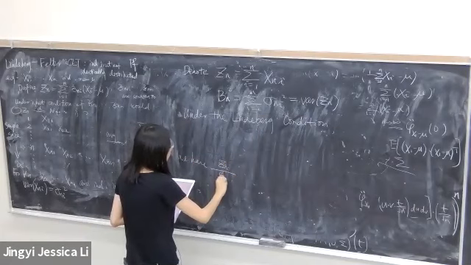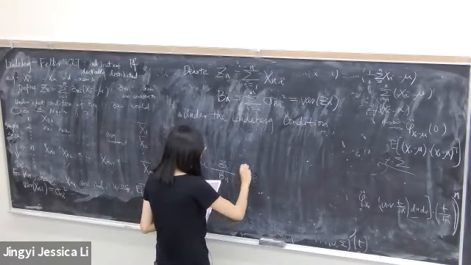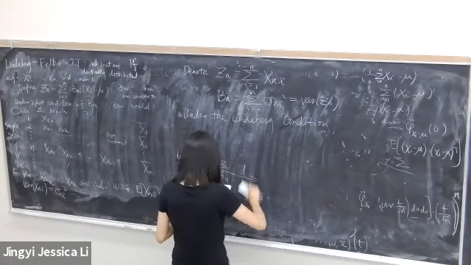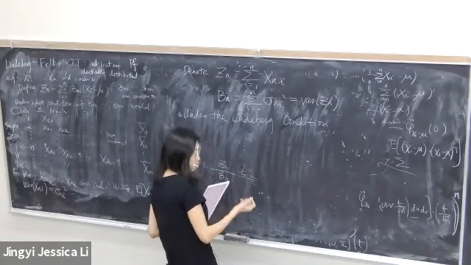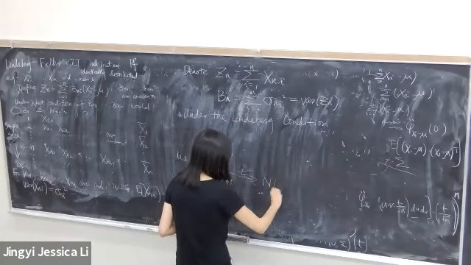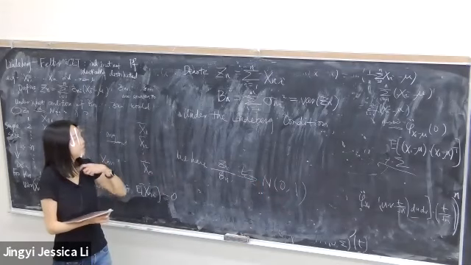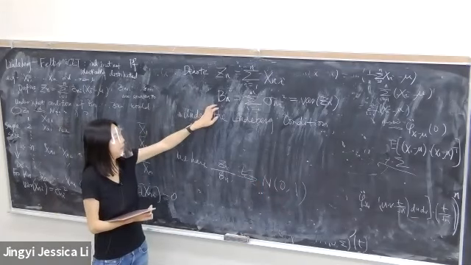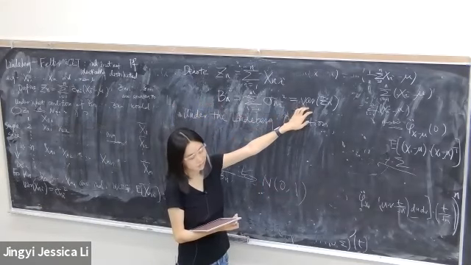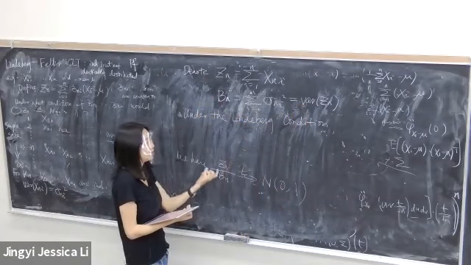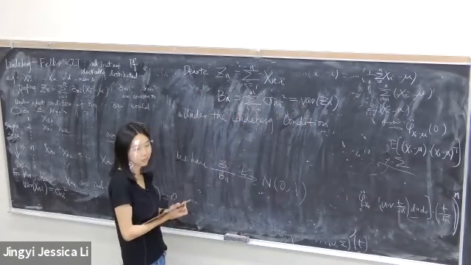Z_n divided by B_n, not B_n squared, but B_n, will converge in law, convergence in distribution, the same thing, to the one-dimensional standard normal. So yes, we're saying that Z_n divided by the square root of its own variance, the standardized version of Z_n, will converge in law to standard normal. And that's a very nice result.